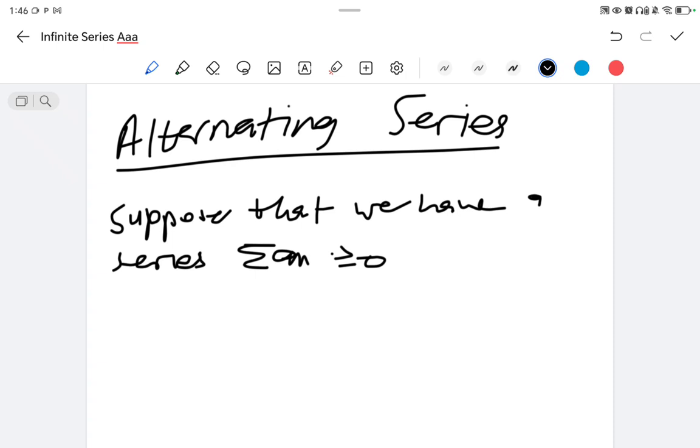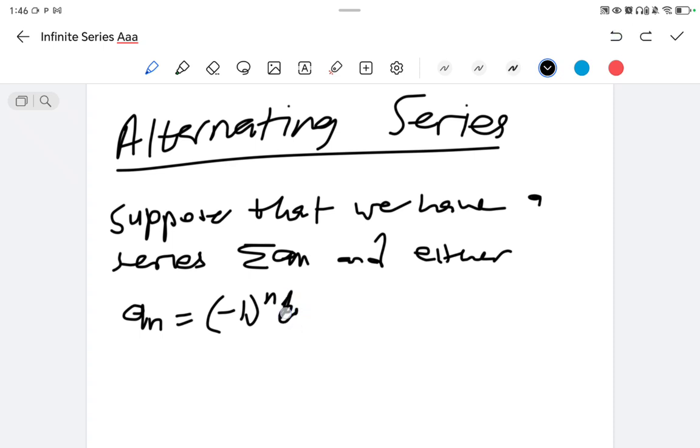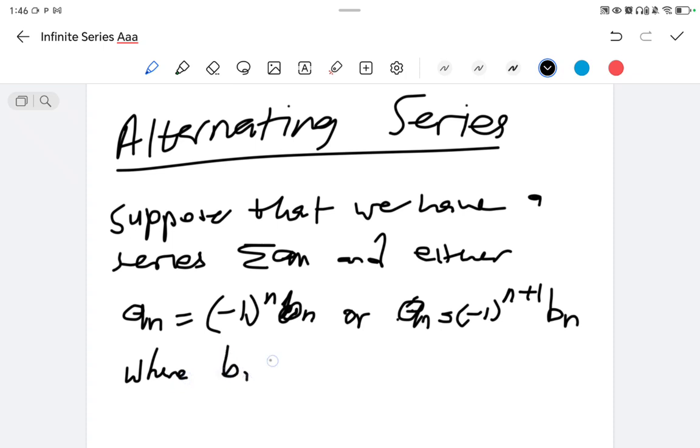Let me just write it. an is equal to minus 1 to the n times bn, or we have an is equal to minus 1 to the n plus 1 times bn, or we can even have n minus 1 in the exponent, anything in the exponent, where bn is greater than or equal to 0 for all n.